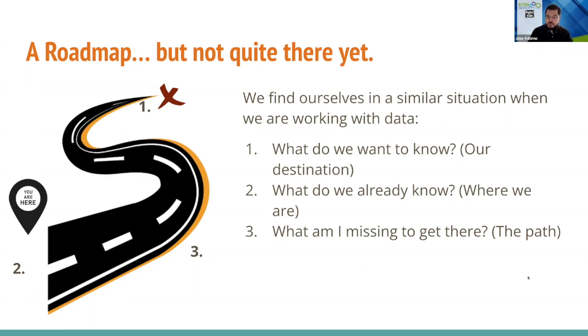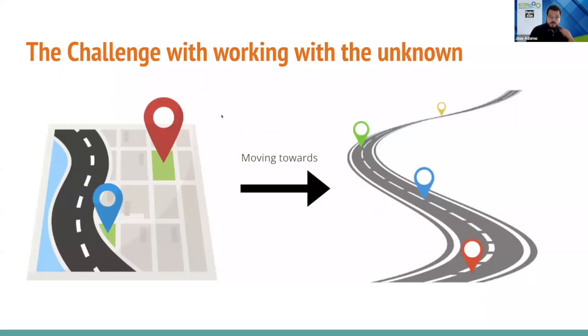And the challenge is working with the unknown. So as we start, especially, I would say the shutdown would be a good example. When we tried to move online and go fully remote, we were trying to meet the destination as closely as we could.